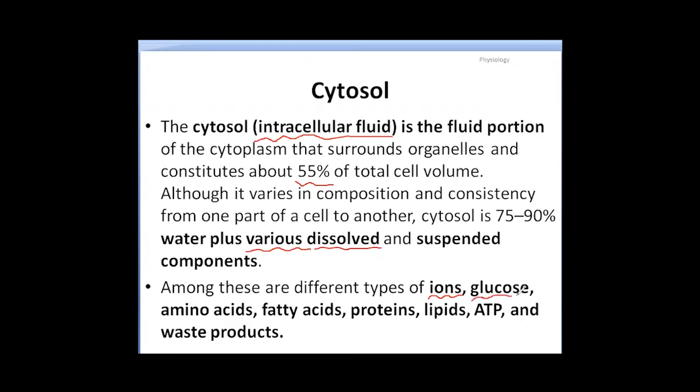Ions, glucose, amino acid, fatty acid. Amino acid comes from protein, fatty acid comes from fat. When we talk about digestion systems, we're still talking about these two, and also glucose coming from sugar. And also some protein inside. Lipase, it's kind of fat. And our energy, ATP. And some waste products like carbon dioxide. So that's the liquid part of the cells.